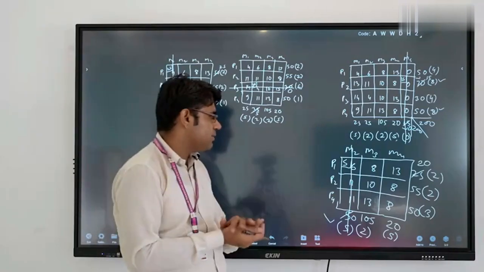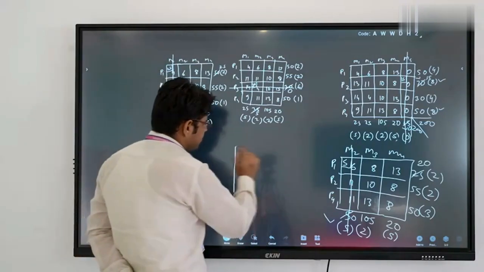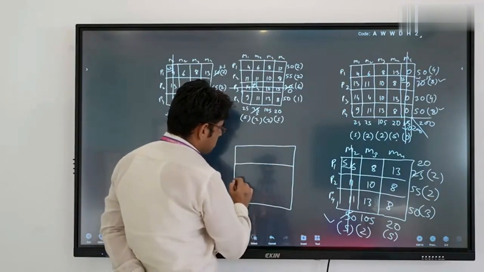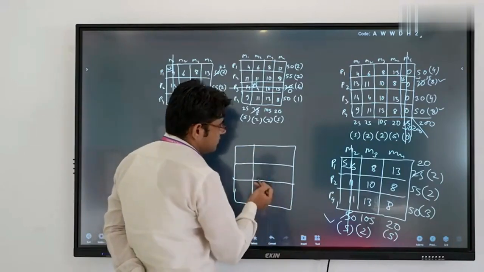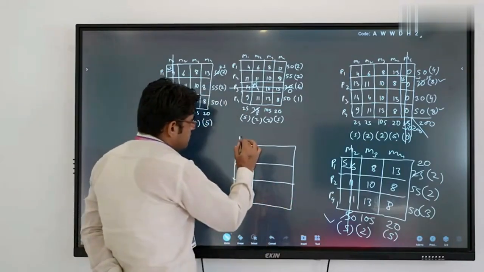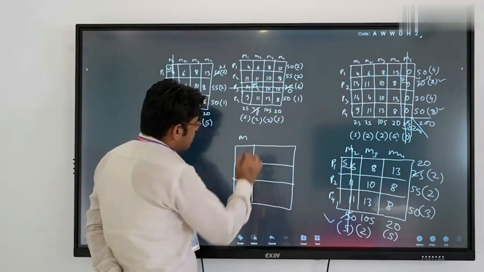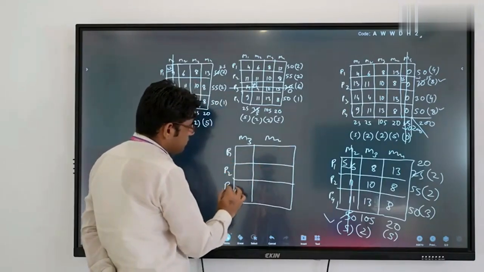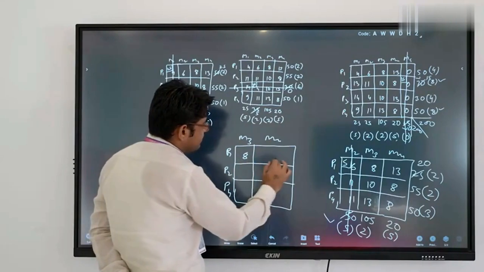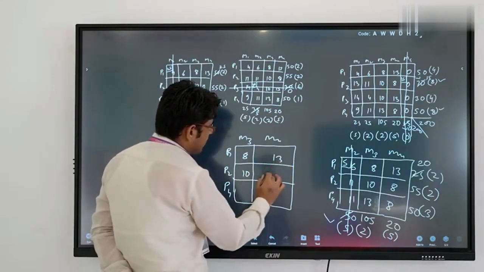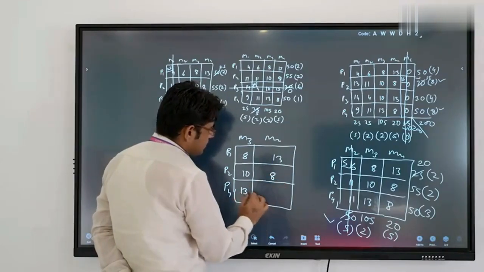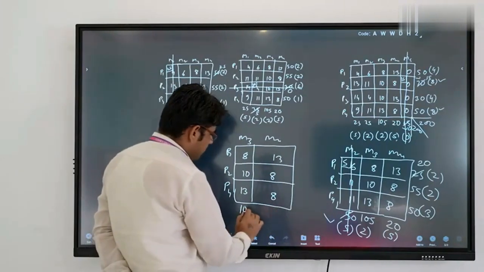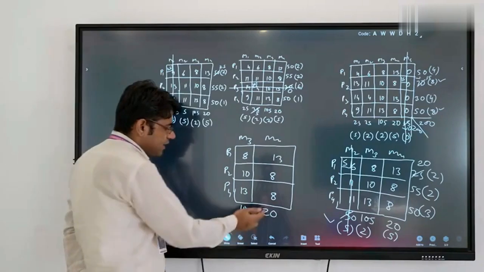So the reduced table is M3, M4, P1, P2 and P4. 8, 13, 10, 8, 13, 8, and demand is 105 and demand is 20.